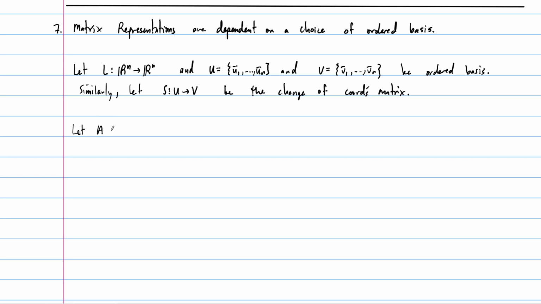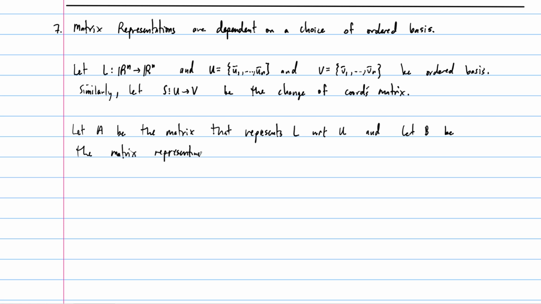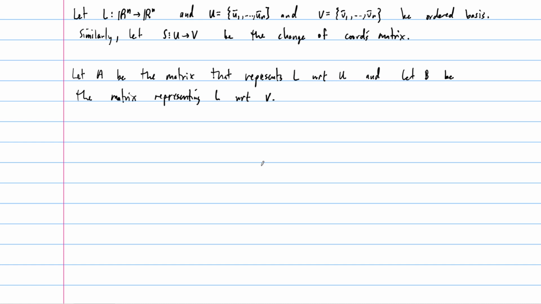So let A be the matrix that represents L with respect to the basis U, and let B be the matrix representing L with respect to the basis V. So we have two things going on here.